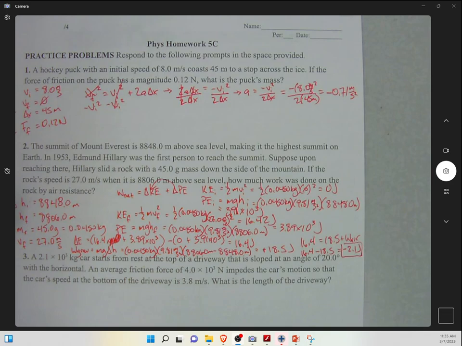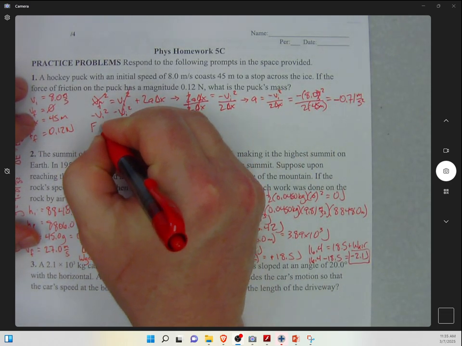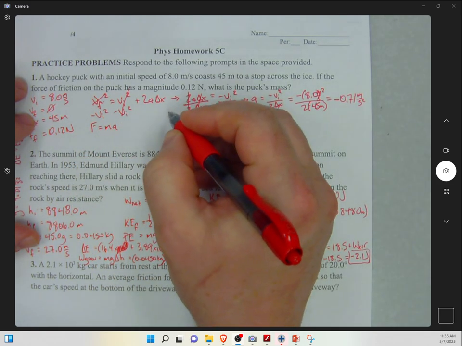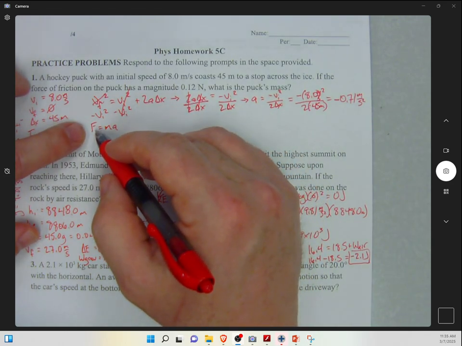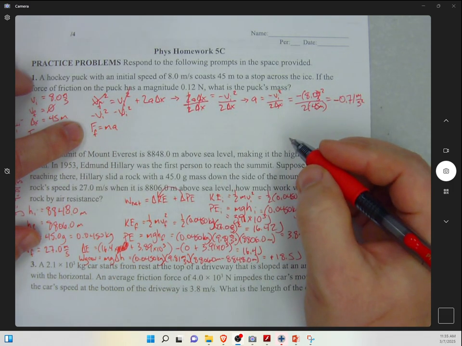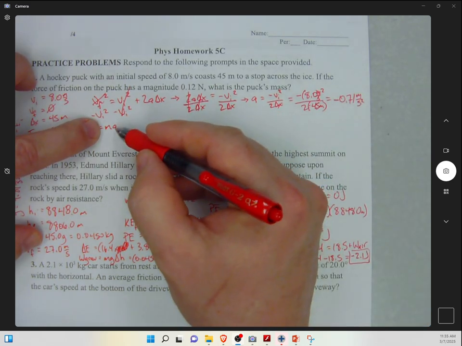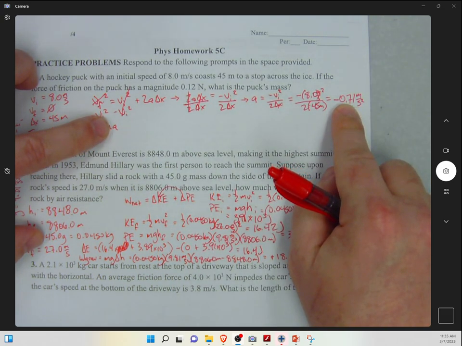Now, that's not the end of the question. We need to actually use Newton's second law to find the mass. Why can we do that? Remember, Newton's second law says that force is equal to mass times acceleration. Well, what's the only force that's acting on the puck right now? Force due to friction. So the force due to friction is equal to whatever mass we're talking about, which is the puck, multiplied by the acceleration of that object, which we just found out.